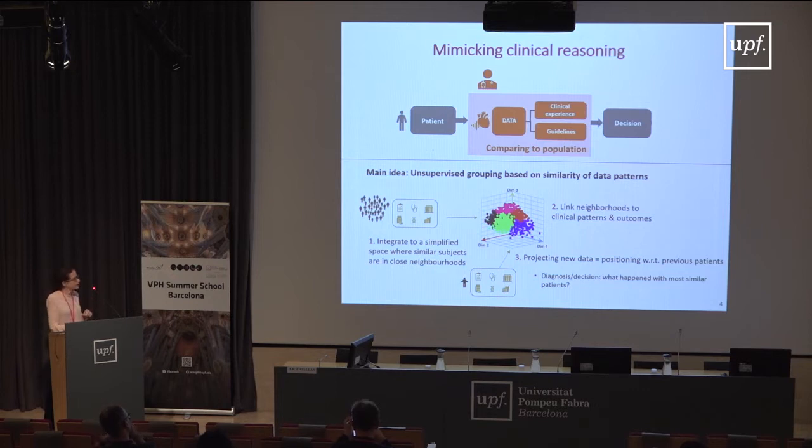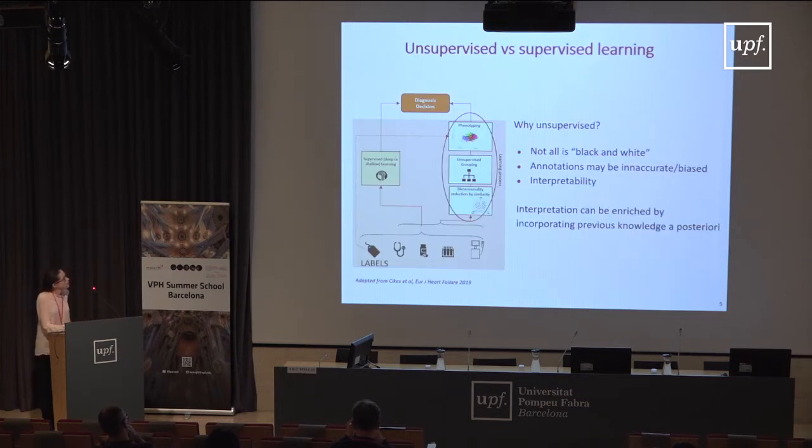So that could be the idea. Here there are three things that I want to highlight. The first is that the learning is done in an unsupervised way. The second is the integration of information. And the third is the simplification to a low-dimensional latent space. So let's start with the first.